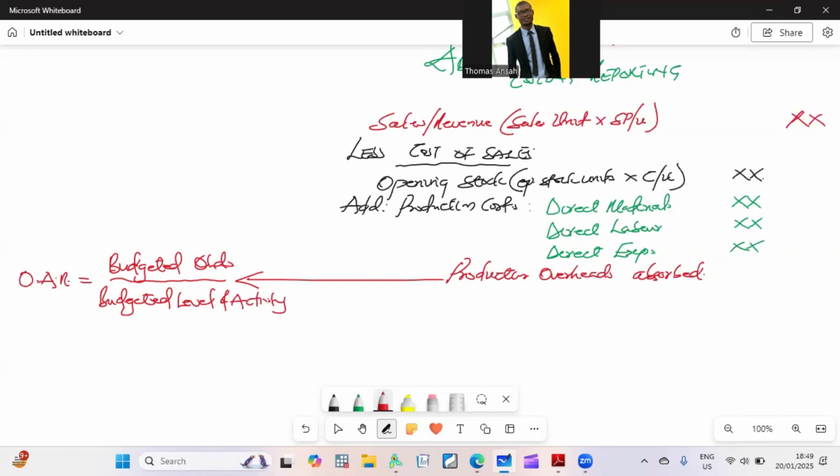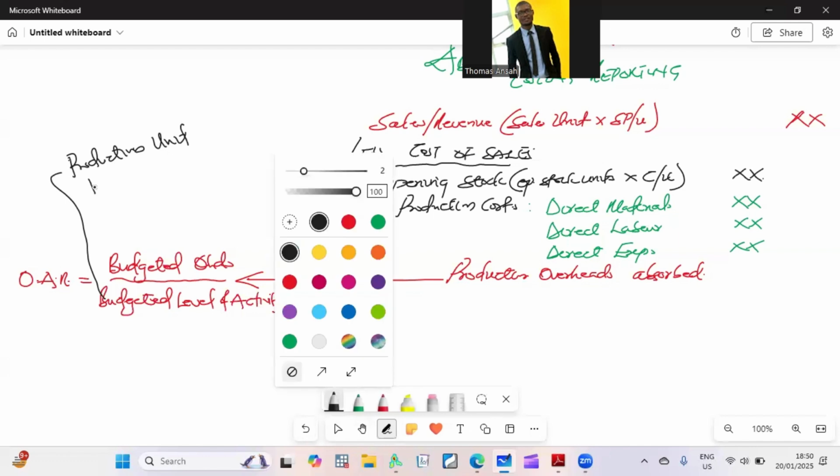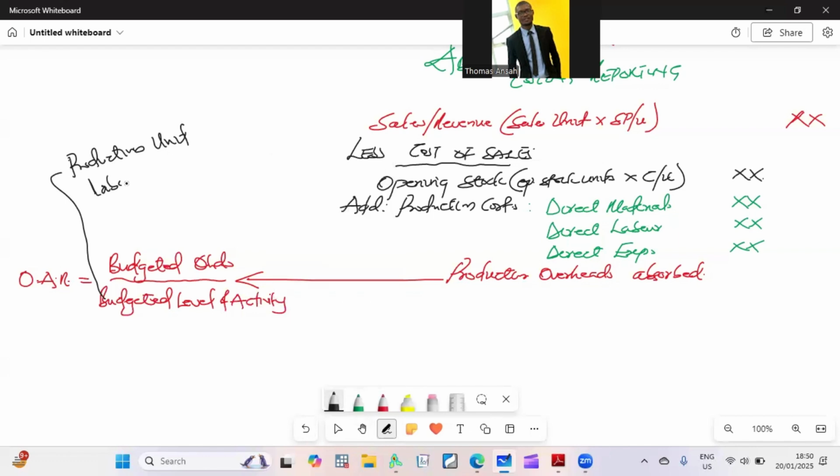So take very good care of citing those. It won't be the two. It's supposed to be one of them. Budgeted labor hours. So take note of that.